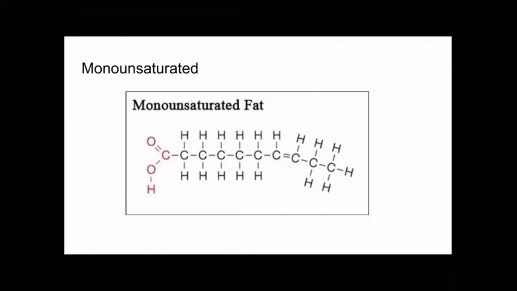There's one place where we have a double covalent bond. And so if we count carbons, starting with the carboxyl carbon, 1, 2, 3, 4, 5, 6, 7, 8. So between 7 and 8, those two carbons, that's where we're seeing that double covalent bond. So those two carbons are sharing 2 pairs of electrons, whereas all the rest of them are just sharing 1.